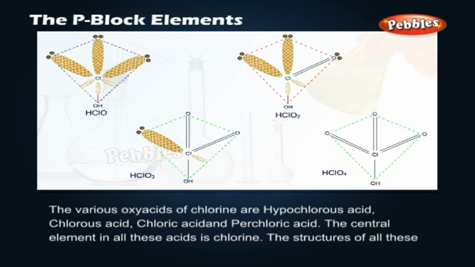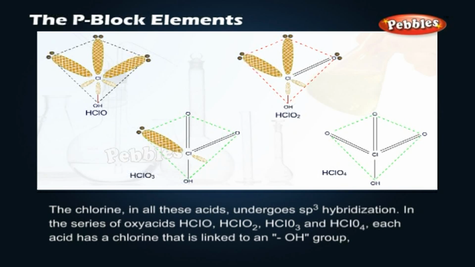Oxyacids of chlorine. The various oxyacids of chlorine are hypochlorous acid, chlorous acid, chloric acid, and perchloric acid. The central element in all these acids is chlorine. The structures of all these acids are based on a tetrahedron. The chlorine in all these acids undergoes sp3 hybridization.